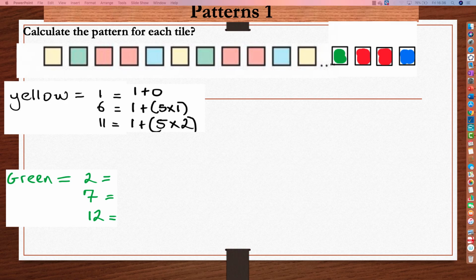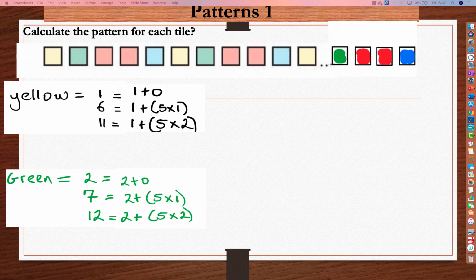No, 1 plus 5 will give me the pattern for yellow. What do we reckon is going to be the pattern? 2 plus 5, isn't it? So if you think about it, the first one is just 2, because it's the second one. The next one is 7, so it's 2 plus 5 times 1. The next one will be 2 plus 5 times 2.